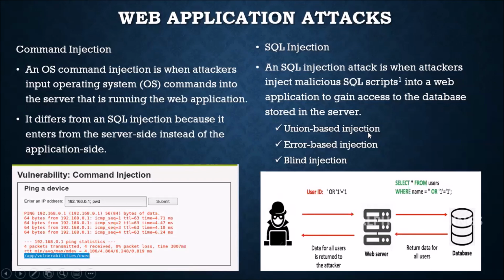Union-based injection is combining one or two SQL queries and running it in the web application. Error-based injection is, I don't know what kind of SQL database is behind. It could be MS SQL, it could be Postgres SQL, or it could be MySQL or Oracle DB. It could be any database. I don't know what database or what version this is.